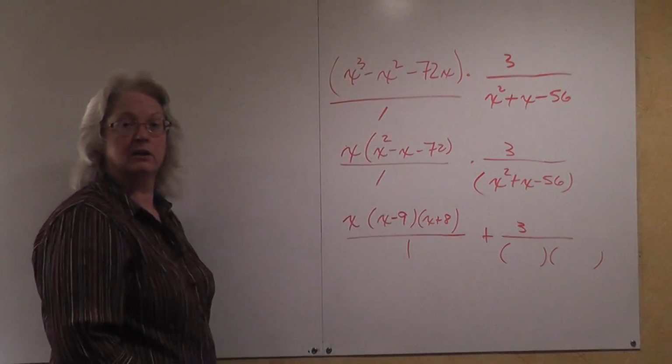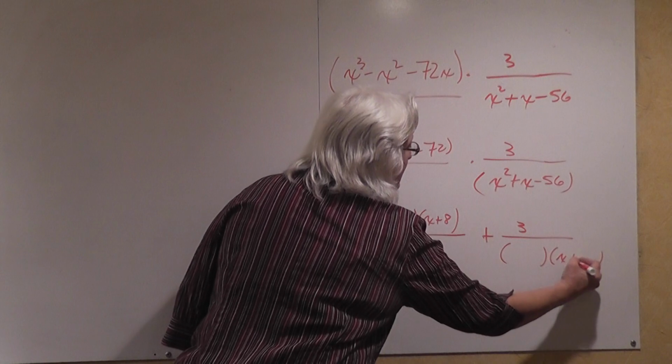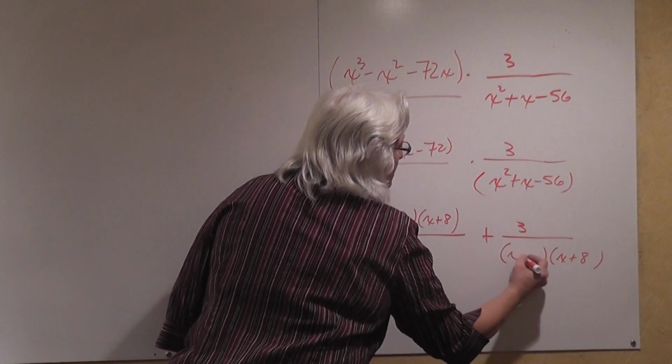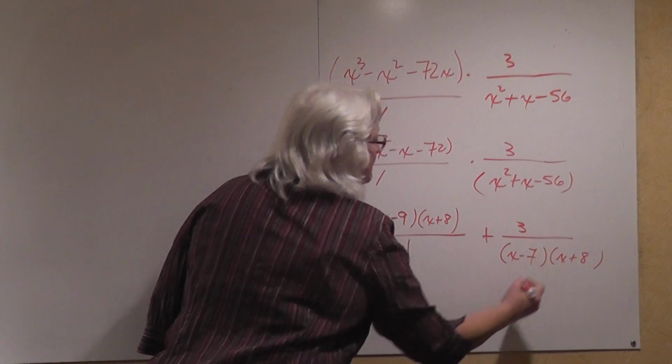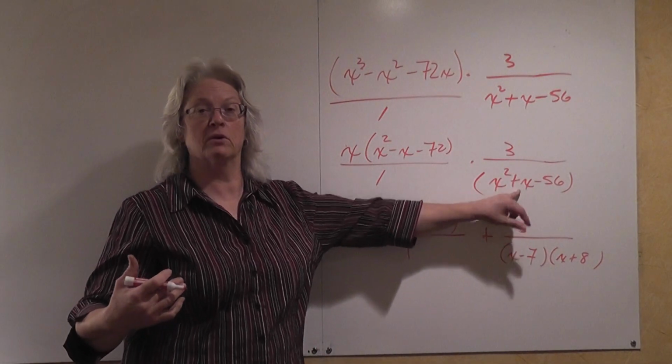One factor's negative, one factor's positive. It's going to be x plus 8, x minus 7, because our center term has a positive coefficient.